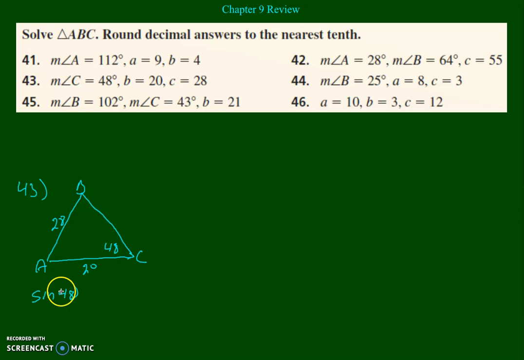Sine 48 is to 28 as sine B is to 20. Multiplying by 20, we have 20 sine 48 over 28 equals sine B, and then taking the arc sine of both sides, we'll have B.